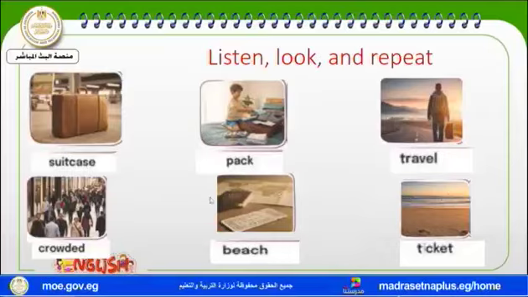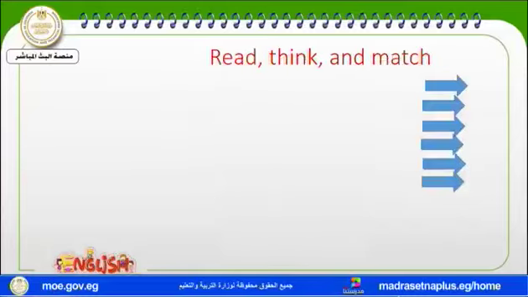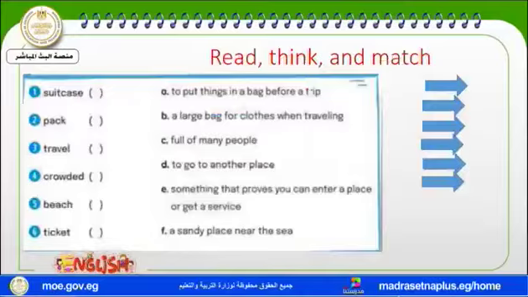These are the most important vocab in our lesson today, and please try to look at these sentences and match the numbers on the left with the letters on the right. On the left, we have the main vocab, and on the right, we have definitions.